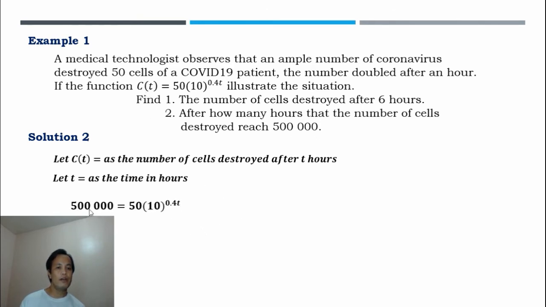So that becomes 500,000 equals 50 times 10 raised to 0.4t. This time we need to solve for t. Now, divide both sides of the equation by 50 to eliminate the 50. We cancel out the 50 and divide 500,000 by 50, which gives us 10,000, equals what remains on this side of the equation, 10 raised to 0.4t.